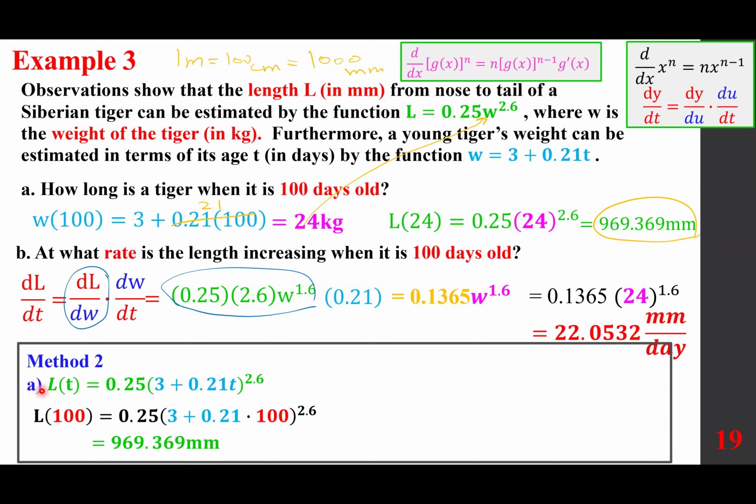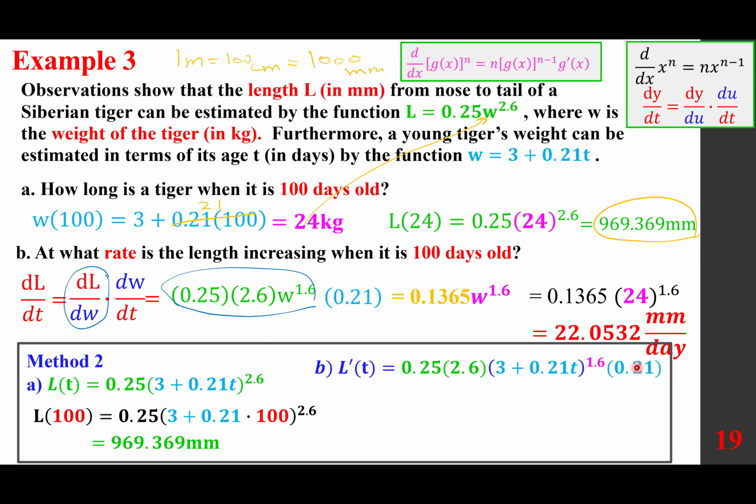And now the dL/dt, or L prime of t: 0.25 remains. Now we're going to use the extended power rule on this parentheses, times 2.6, times the parentheses to the power of 2.6 minus 1, or 1.6, times the derivative of the inside, which is 0.21.